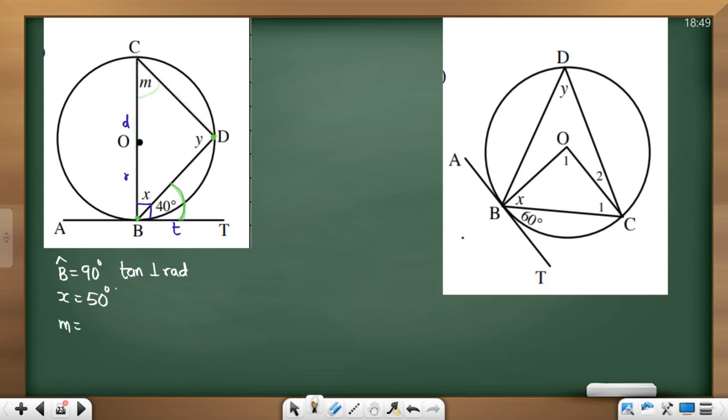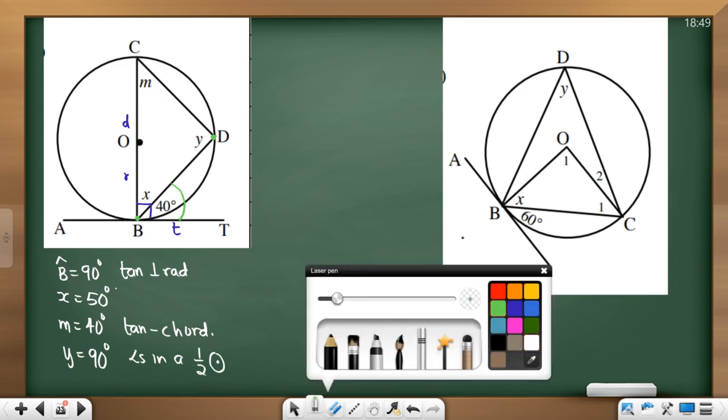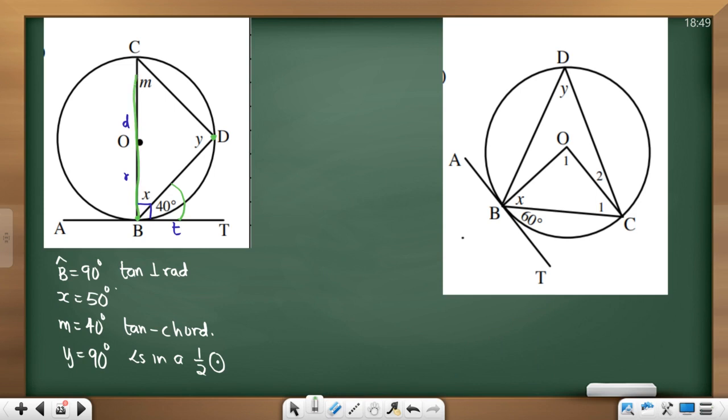M is equal to 40 degrees. Tan-chord. And what is Y? Y is 90 degrees, angle in a semicircle. I don't know if you see the diameter there. That's my diameter.